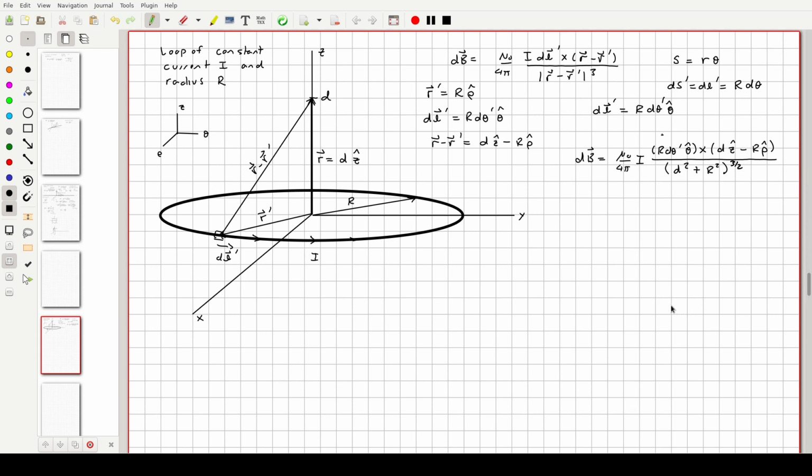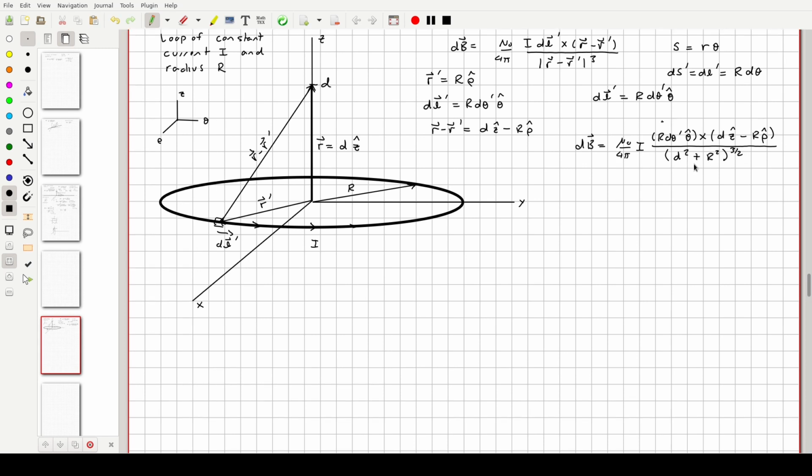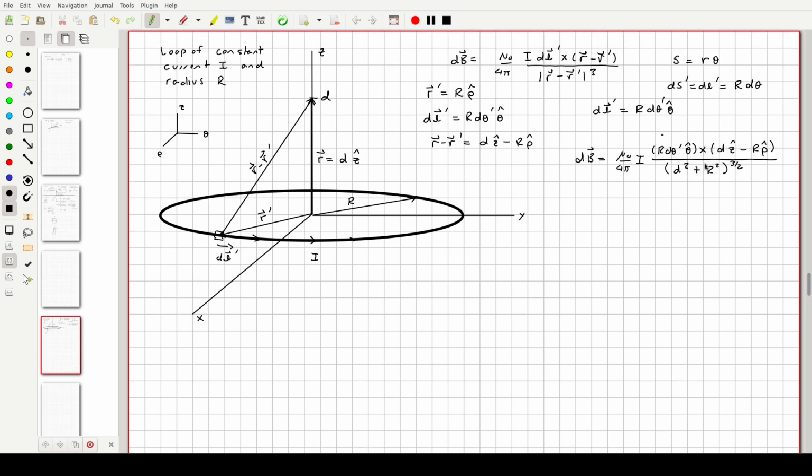Just like that. Now, if you look at this, we're integrating over an angle. And because we're integrating over an angle, a lot of this stuff doesn't depend upon an angle. A lot of it's just constant, so we can pull it out, which is going to be very convenient for us. But we still have to address these cross products right here. I have two. I have a theta hat cross z hat that I have to do. That's in this first term.